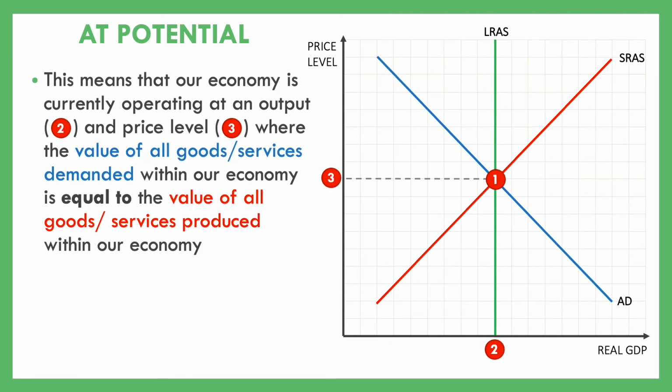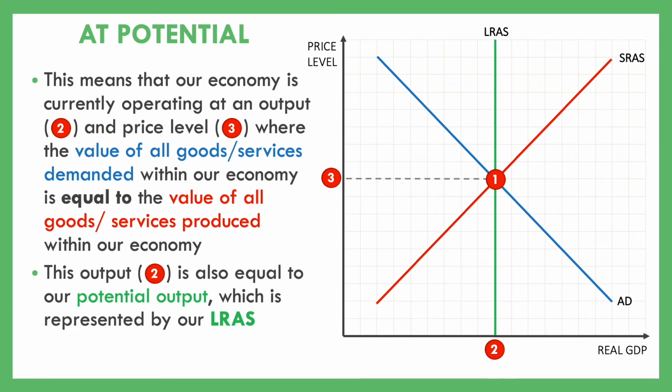It means we are currently operating wherever our aggregate demand curve and our short run aggregate supply curve intersect, at an output at point 2 and a price level at point 3. What this represents is that the value of all goods and services demanded within our economy is equal to the value of all goods and services produced within our economy. But notice that this output is also equal to our potential.